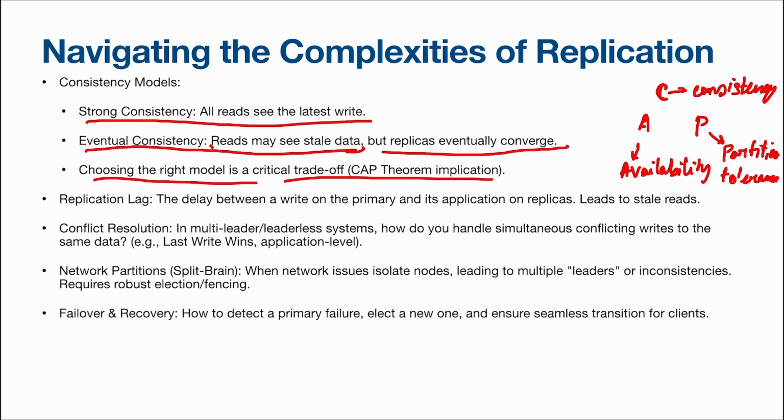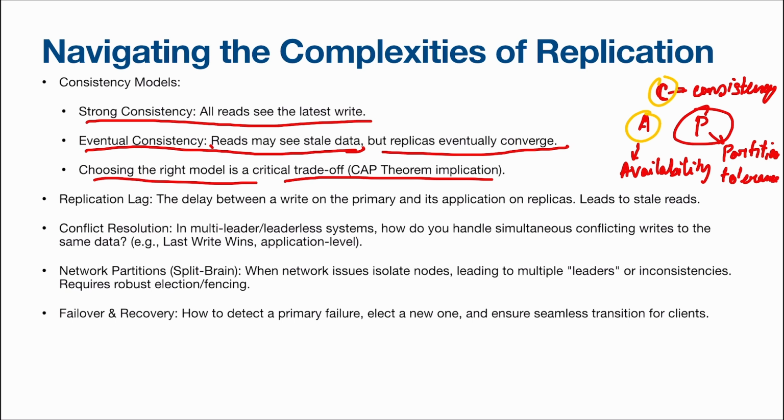And when we are making a system partition tolerant, which is generally the case in a distributed system because network partition is pretty common, then we have to choose between C or A, which is consistency or availability. If we lean towards consistency, we have to sacrifice availability, and vice versa.